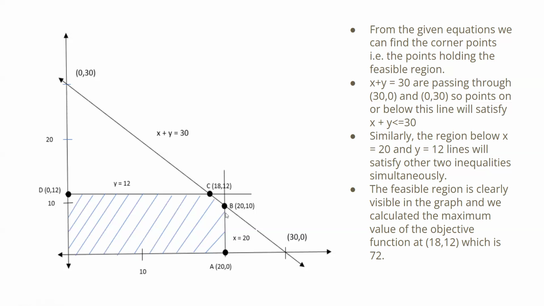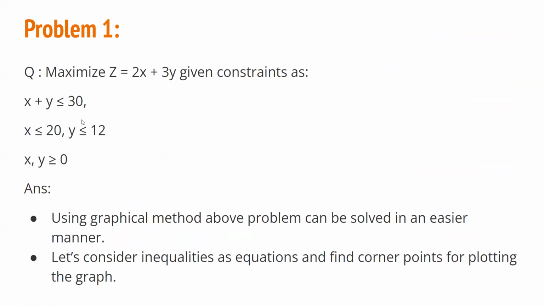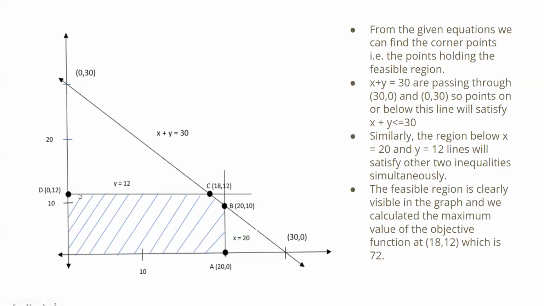Definitely the area to the left of this line, because this is the x equal to 20 line and less than 20 means this area. Similarly, for y less than 12, the feasible area is just below this line, this portion. So now we have to consider the common area for all these three constraints, because that is the main goal of optimization.